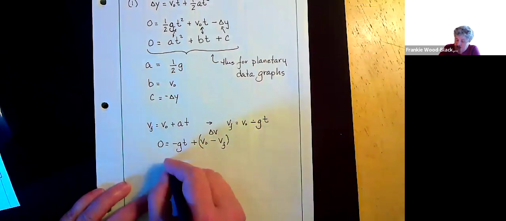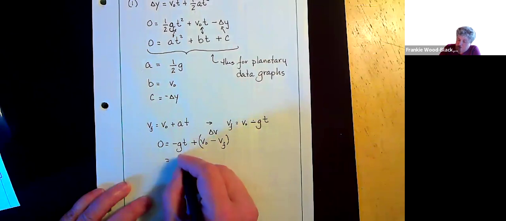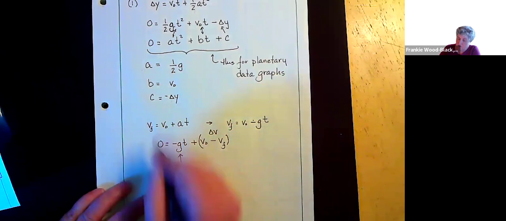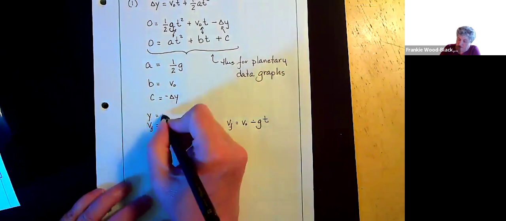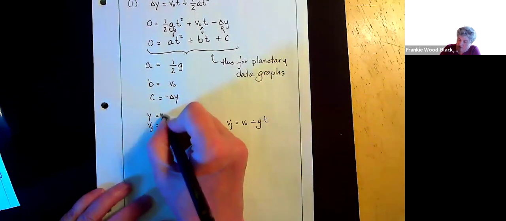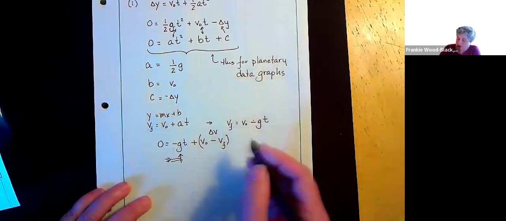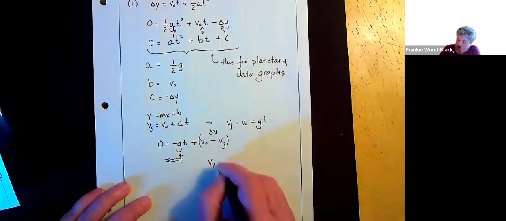And if I have that, my slope of my line, or I can do this as y is equal to mx plus b. I can do this as v final is equal to my y variable.